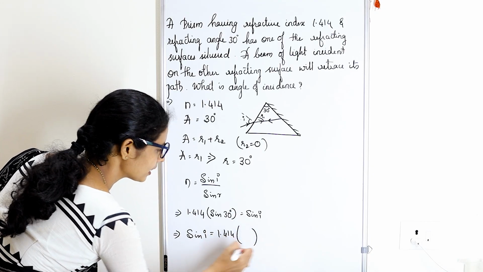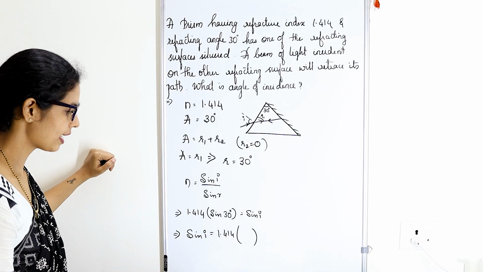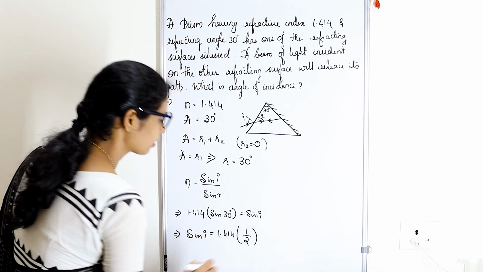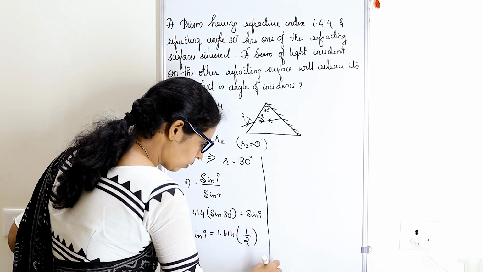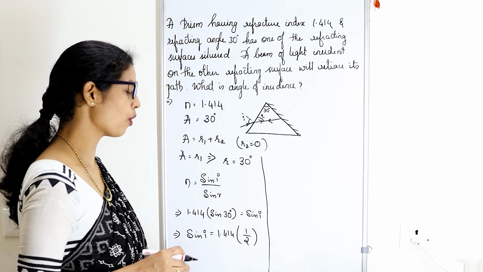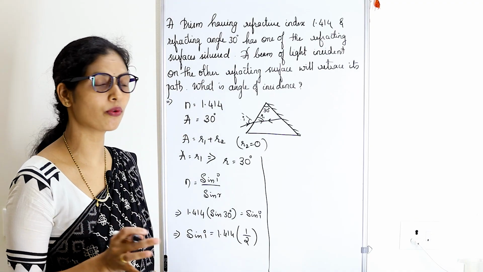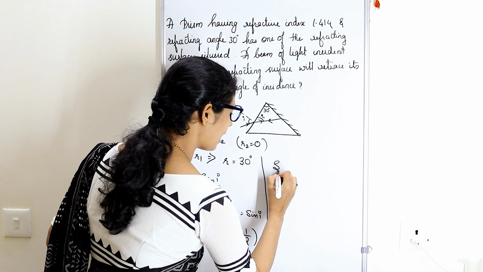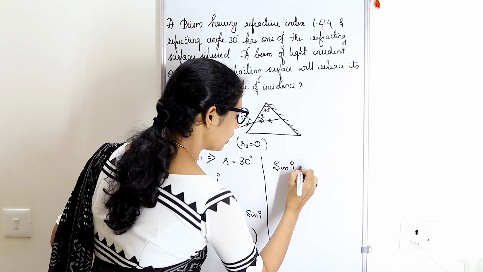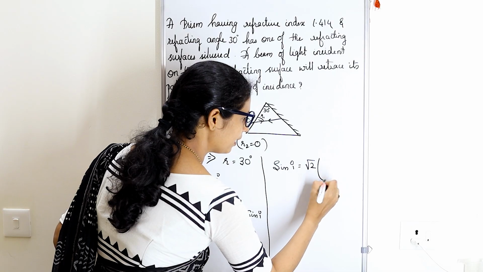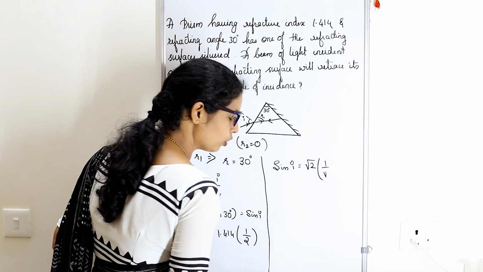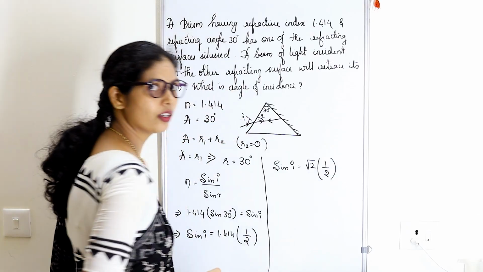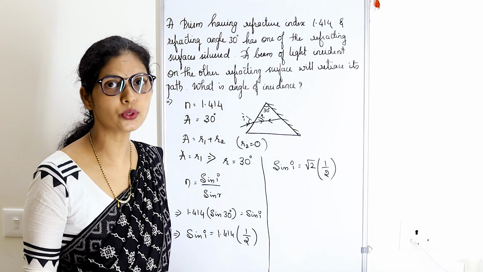1.414 into sin 30. What is sin 30? Sin 30 is nothing but 1 upon 2. Right? Sin 30 is 1 upon 2. What is 1.414? 1.414 is nothing but root 2. Right? So can we write it as sin I equals root 2 into 1 upon 2. 2 can be written as root 2 into root 2.